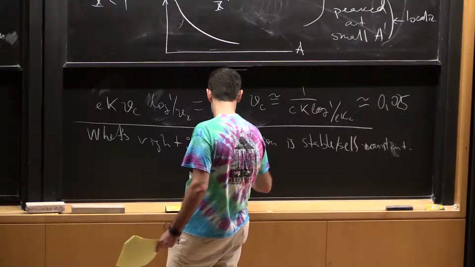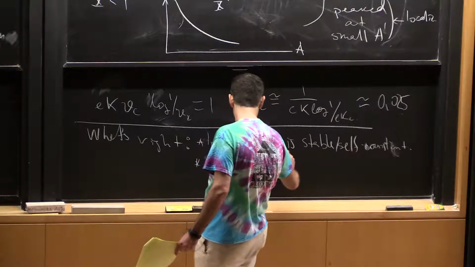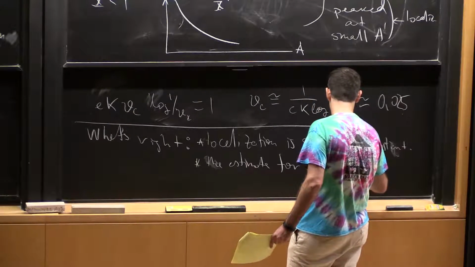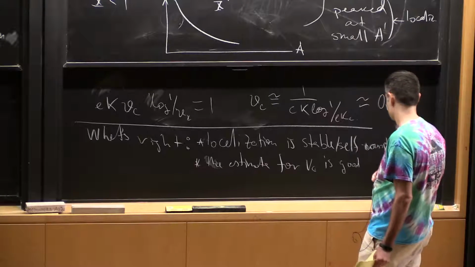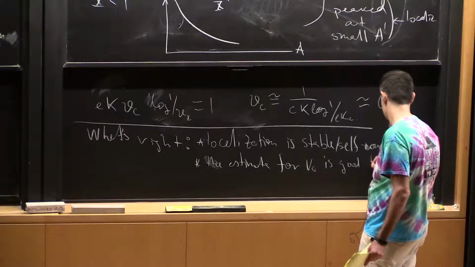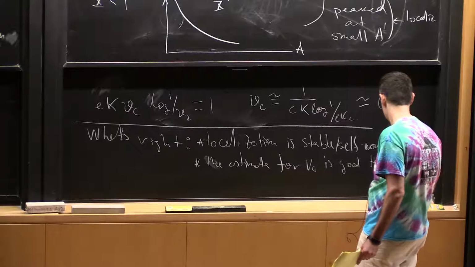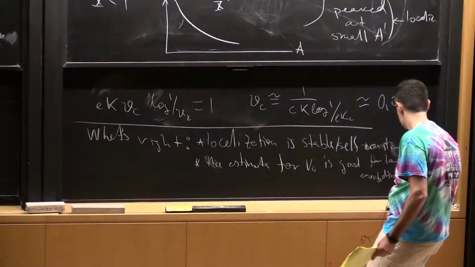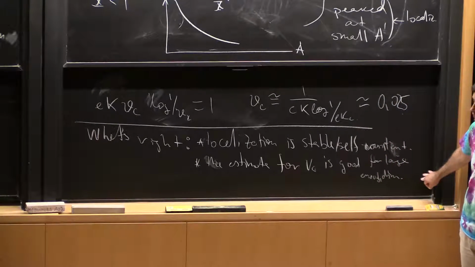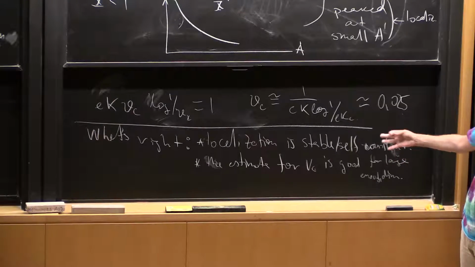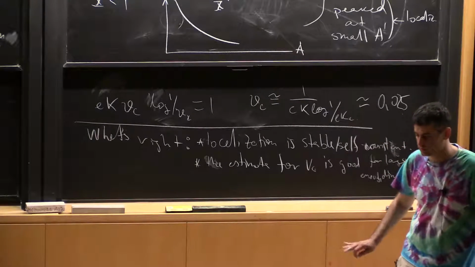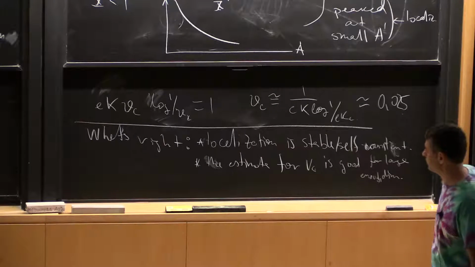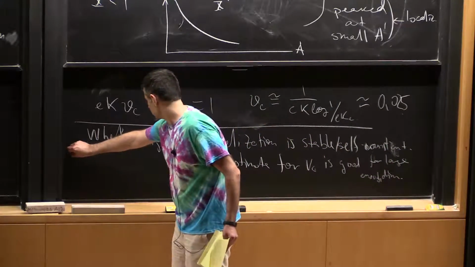The estimate for d_c is good for large enough dimension. This belief is based on trying to estimate paths that have been ignored. I'm not going to talk about that. As far as I know, this is not something that's very well understood, but that's the belief. It's much easier to talk about what's wrong.